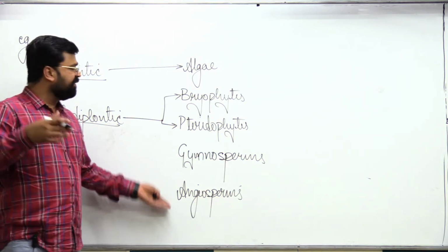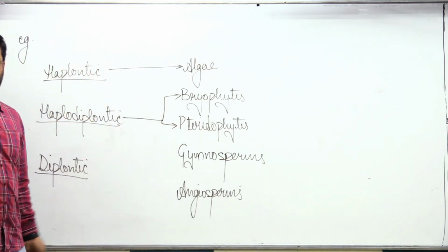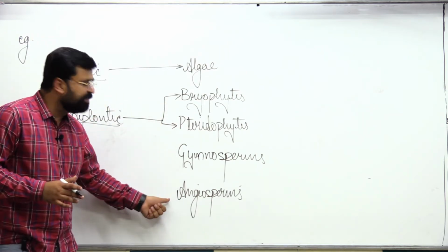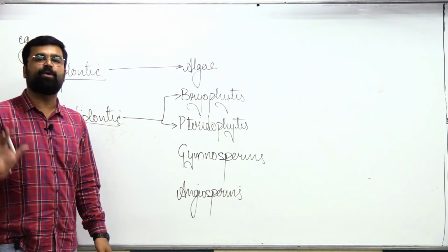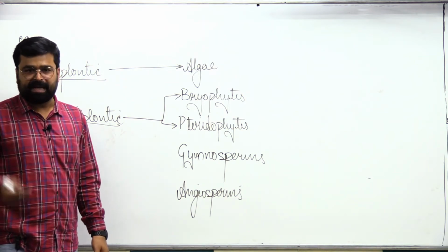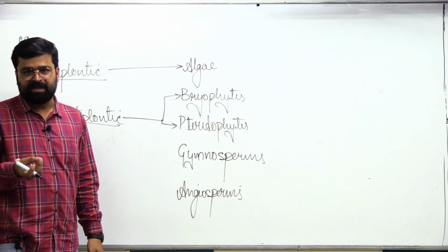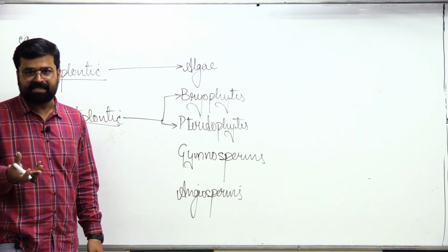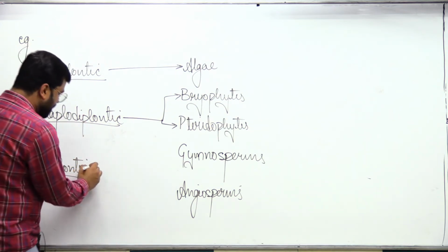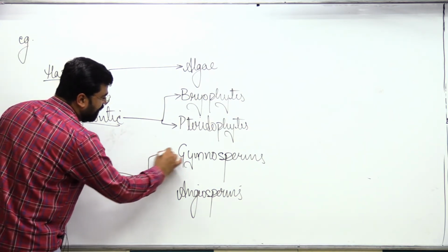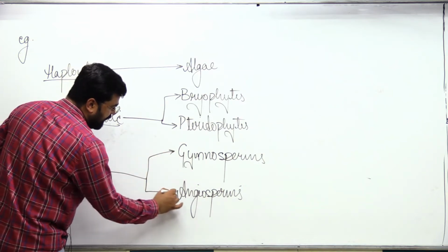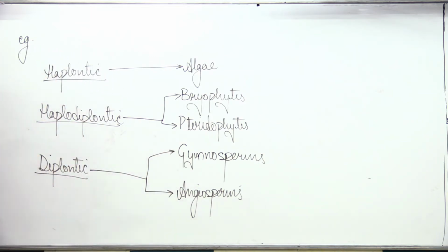And if you are not remembering the order, then also you can say that in Gymno and Angio, the main plant body is sporophyte, diploid. Gametophyte is highly reduced. Flower and cone. Yes, so here they will fall under the category of diplontic type of life cycle.